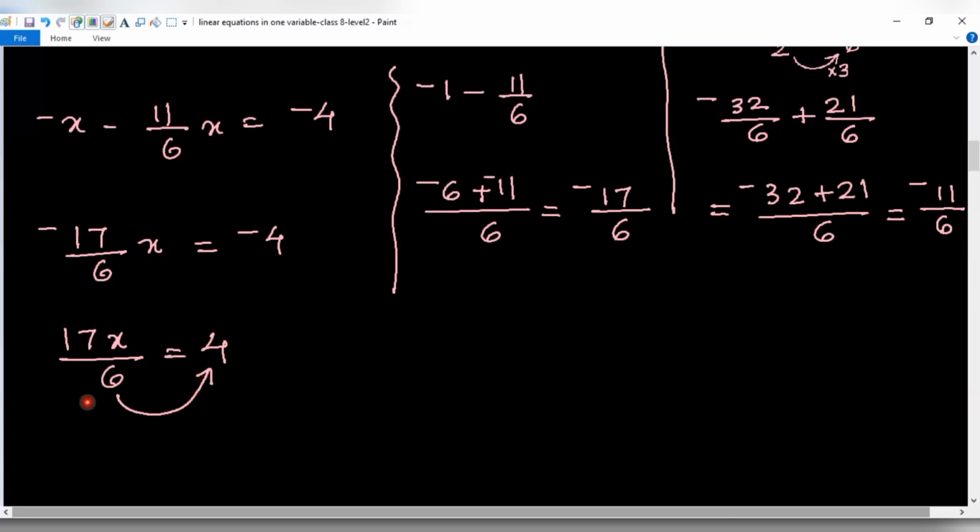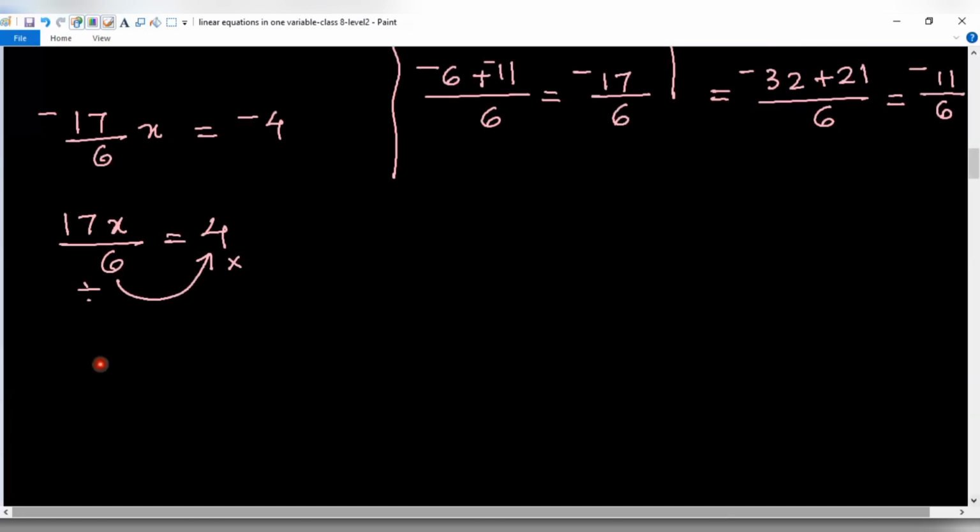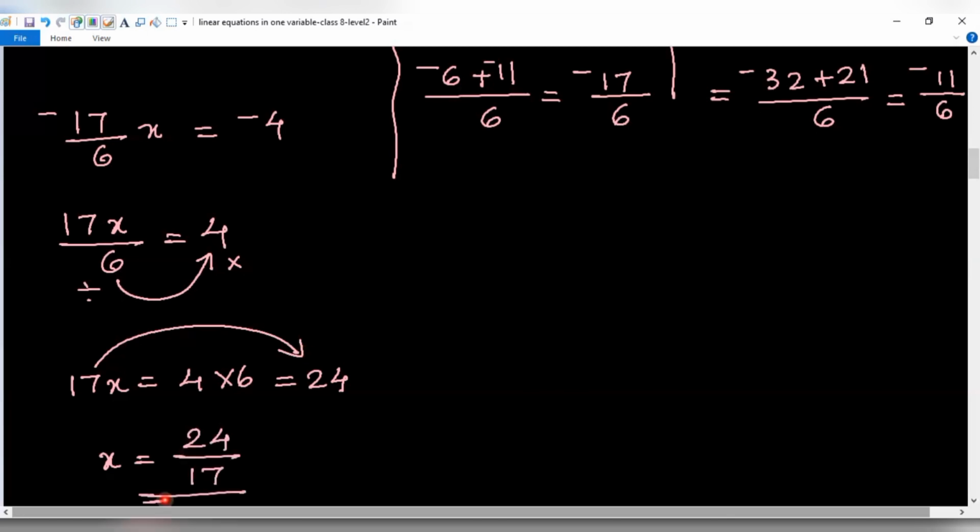Here it is divided by 6, and when it moves to the right side, it will become multiplication. So what we have is 17x is equal to 4 into 6, that is 24. Then we have 17 with x. We have to move that 17 to the right side. That is 24 by 17. That is the value of x.